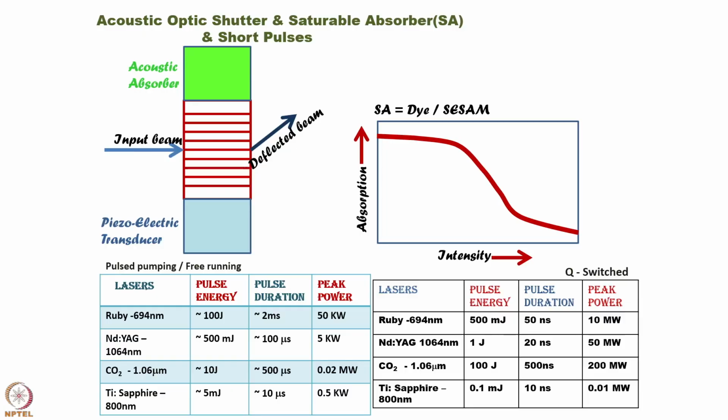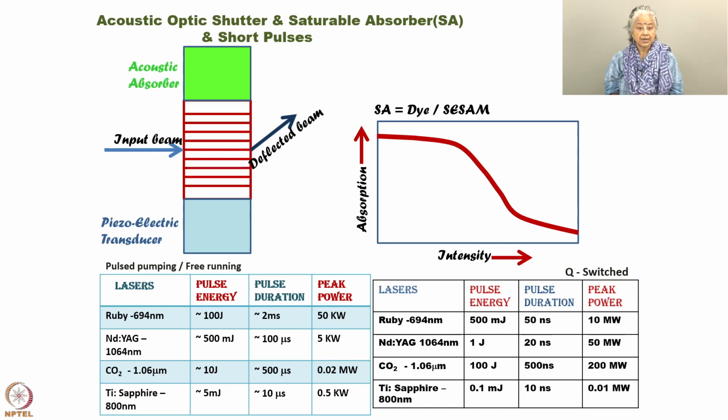So, these are the three shutters that can be put in a resonator in order to get Q switched pulses, okay, or even mode locked pulses. So, we started off with Q switch and I gave you these three shutters.